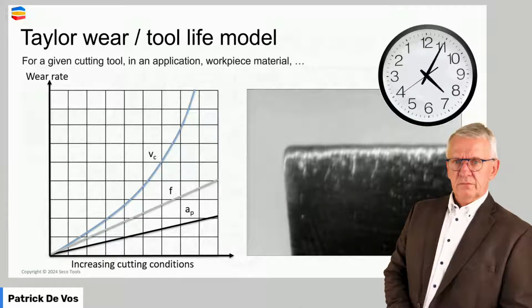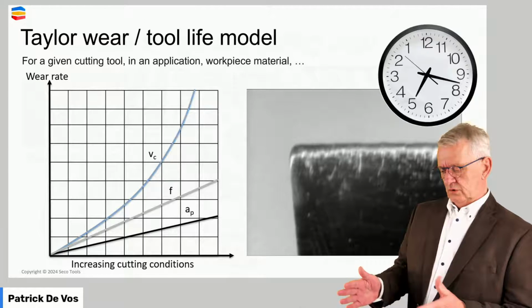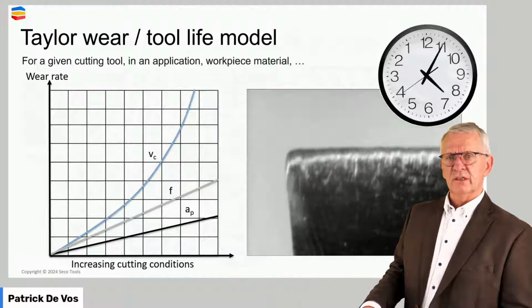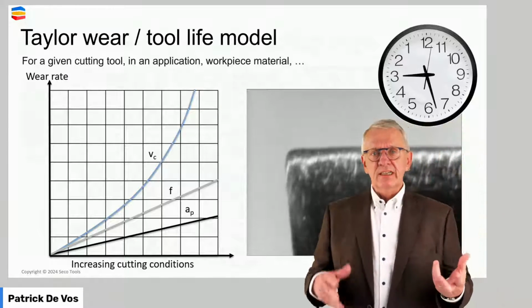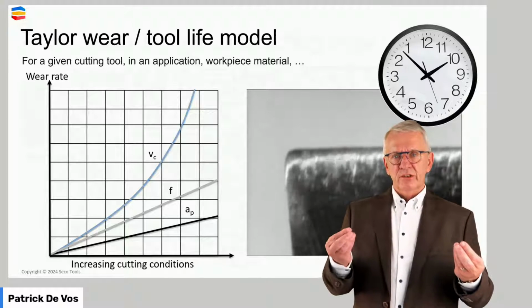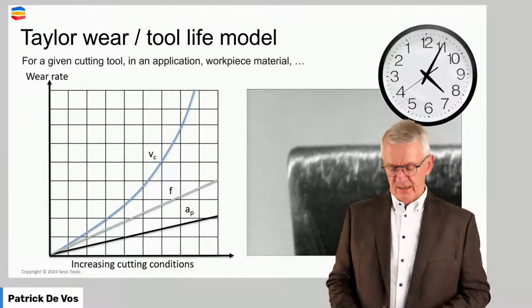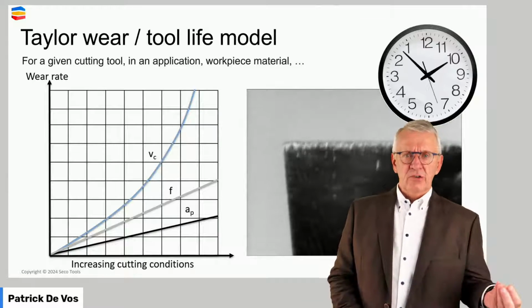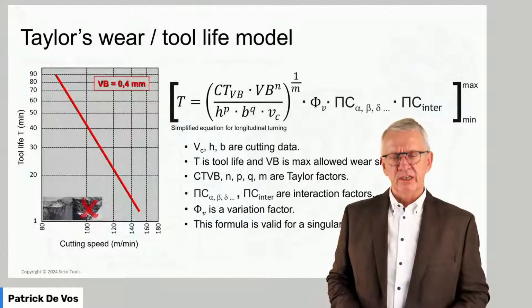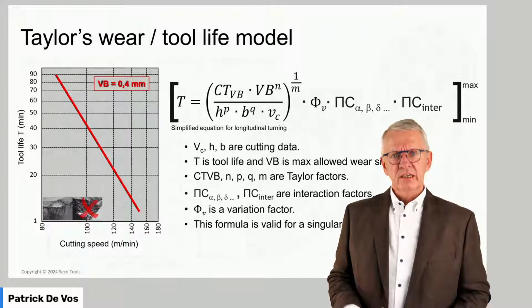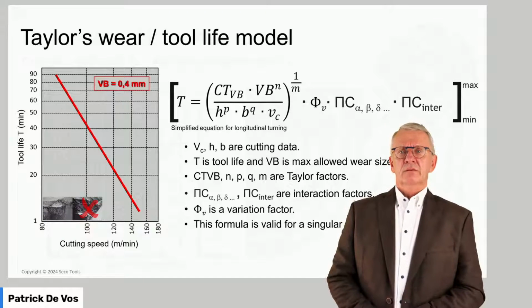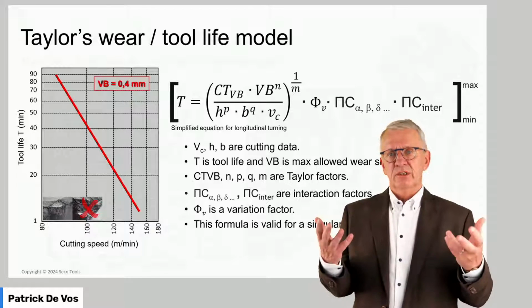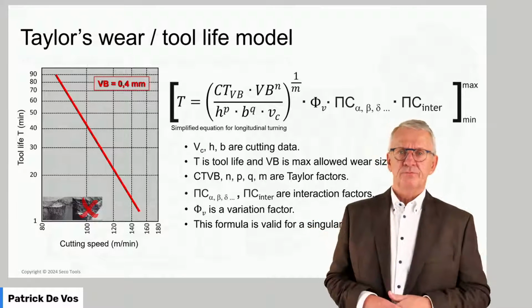Taylor, more than 100 years ago, took a tool, took a workpiece, put the two in contact with each other and started to try to determine the variables that needed to be taken into consideration to see how they influence wear and the time a cutting edge could cut without endangering the efficiency of the operation. Taylor even found a mathematical approach to that. So it's not just we have insight, but we can calculate with it.